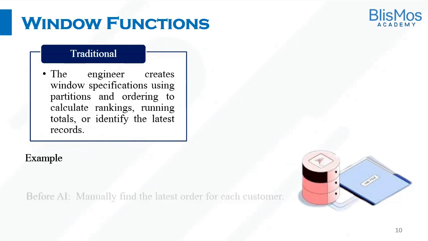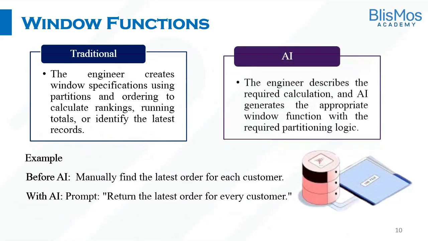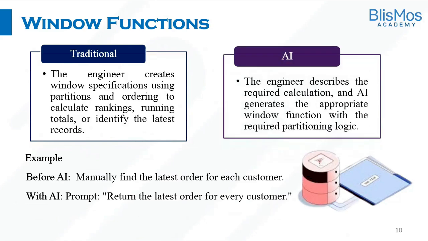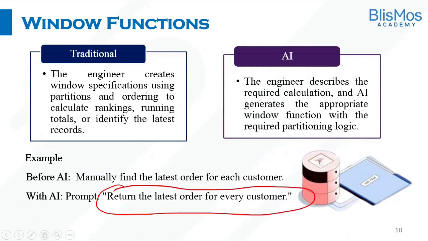But if you specify the requirements for AI, like what kind of calculation is required, AI will generate the appropriate window function with the required partition logic. The prompt can be: return the latest order for every customer. So it will generate the window function appropriate for this particular requirement.